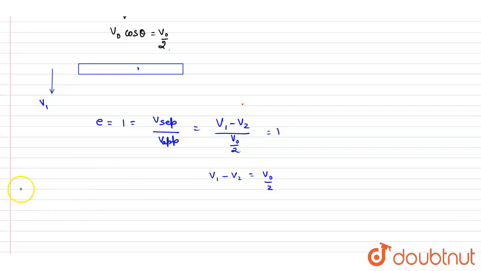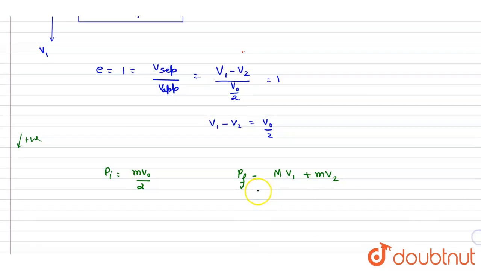So taking downward as positive, I will write down the initial momentum is m v0 by 2, and the final momentum is equal to capital M v2 plus small m v1, and with M equal to 2m, I will write down 2m v2.